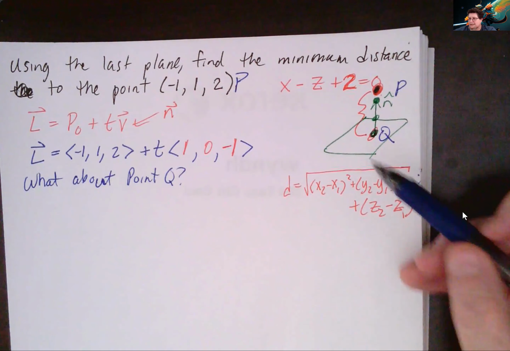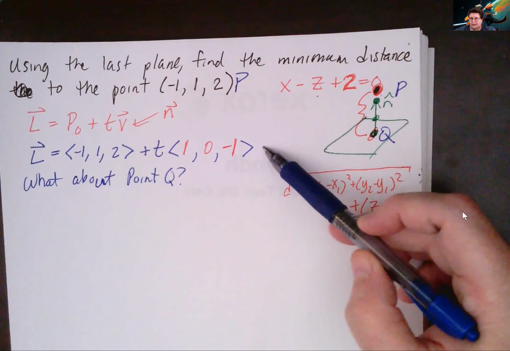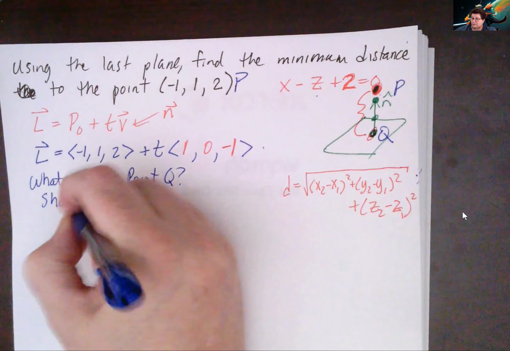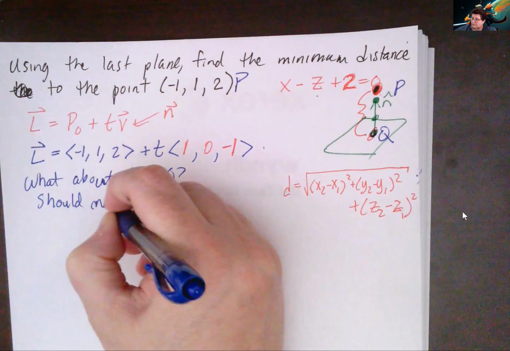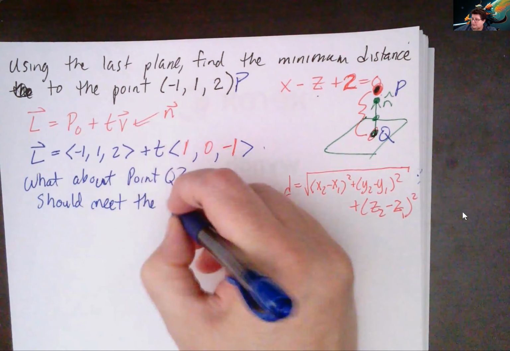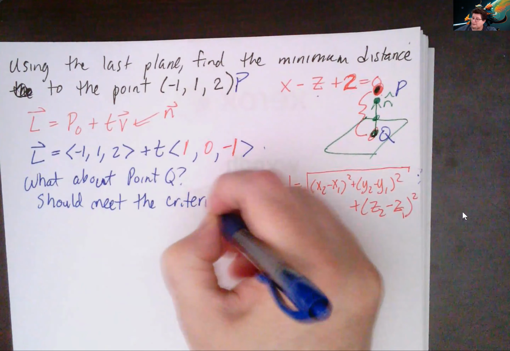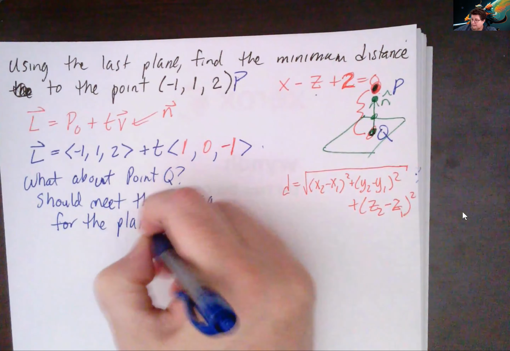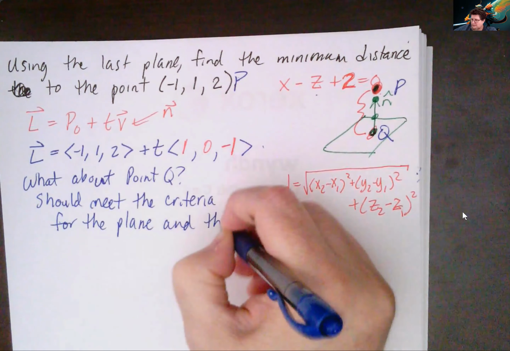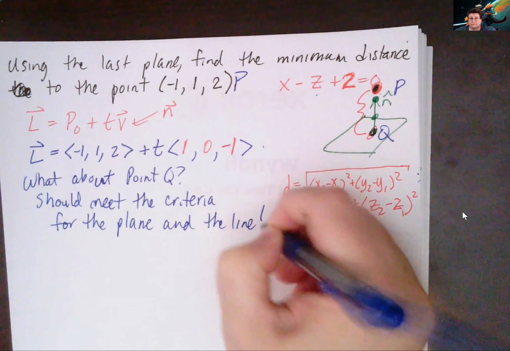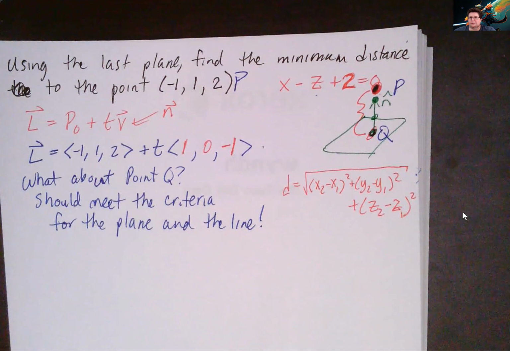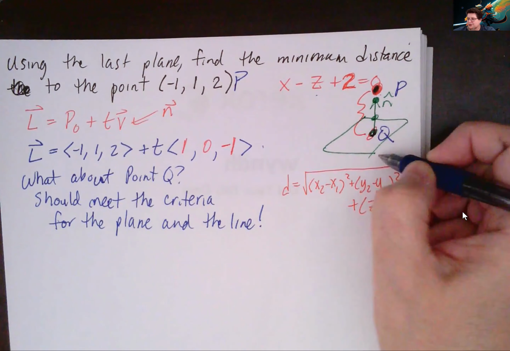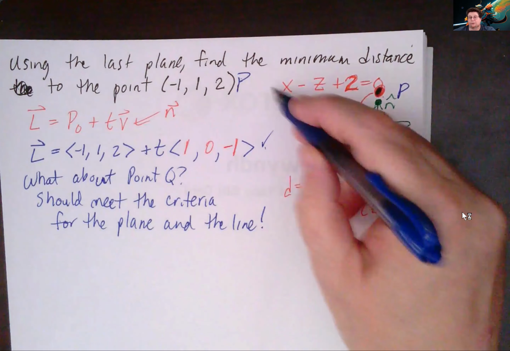It should meet the criteria for both the plane and the line, right? Does that make sense? The point Q is on the line and it's in the plane, so both of these should be applicable.